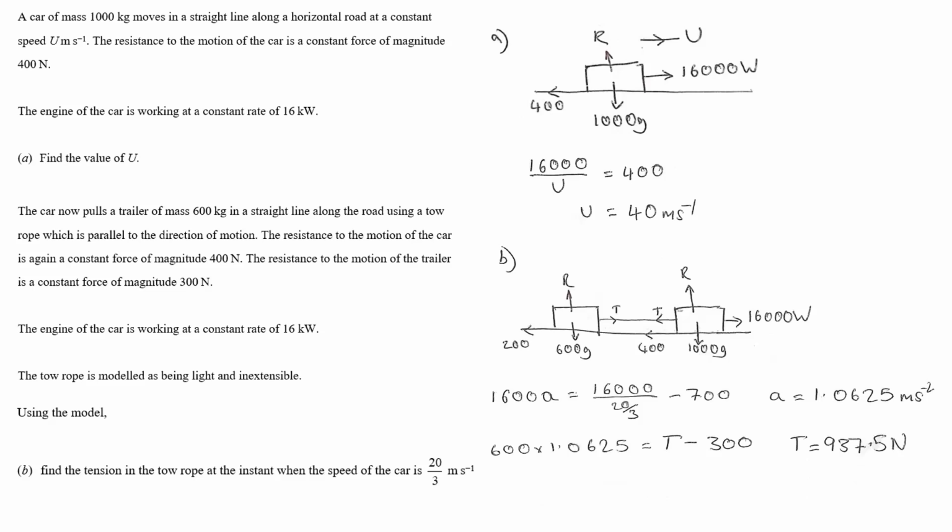And then I substituted it into there to work out the tension. The second equation, that's the last line, I've used the trailer where the tension is the driving force. Take away 300, not 200 according to the diagrams, 300. So F equals ma. I've used the tension comes out to be 937.5.